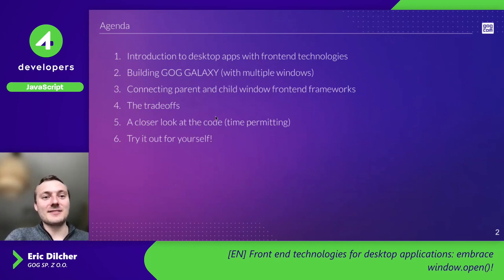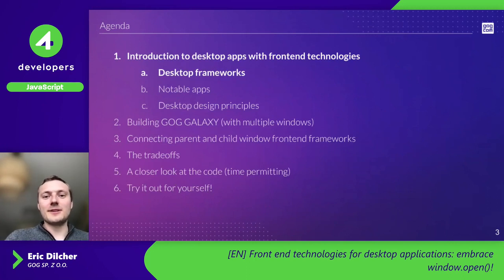And then if time permits, meaning if I'm speaking very, very quickly, we can have a closer look at the code. And then at the end, I will share links to GitHub and even to an NPM module that you can check out for yourself and try out what I've been talking about. So fear not, at the very end you'll see links there so that you can clone the repos and get started by yourself.